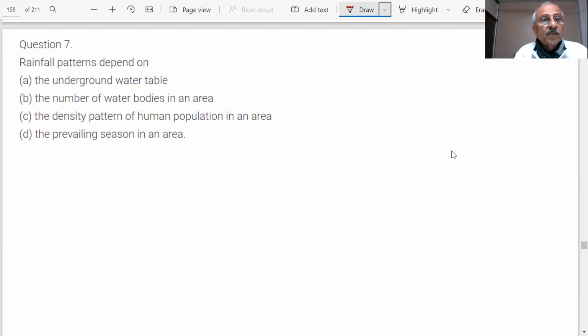Sir, option B. Rainfall pattern depends on underground water table.